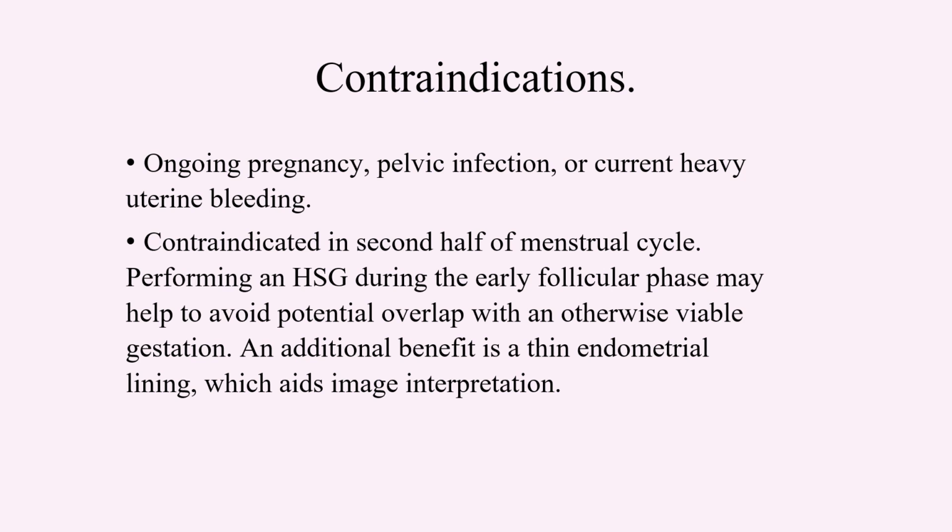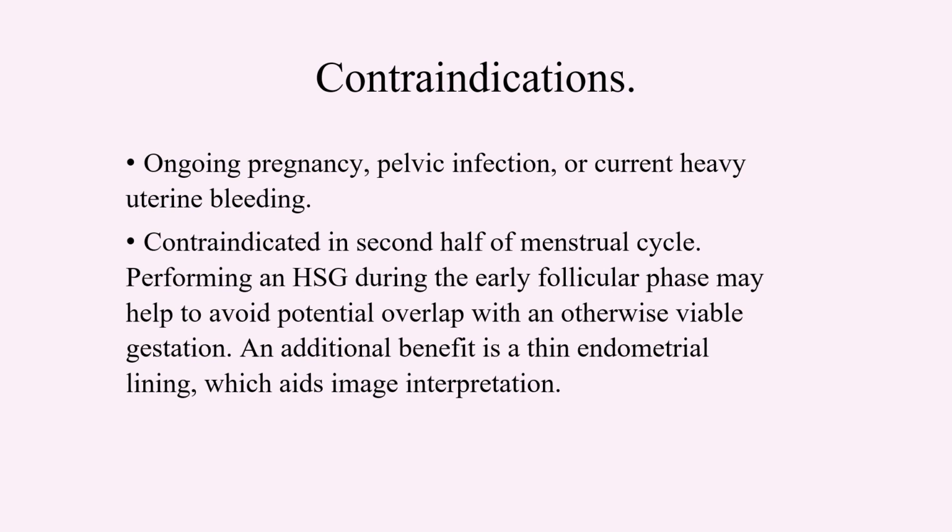This can be calculated very easily in patients who have a regular menstrual cycle of between 28 to 35 days. But in patients who have an irregular menstrual cycle, which is either short or very long, it is better if it is done in the early follicular phase to help avoid potential overlap with an otherwise viable gestation.